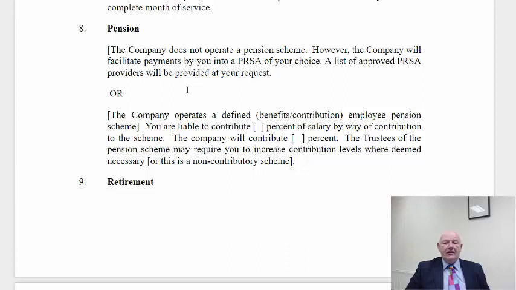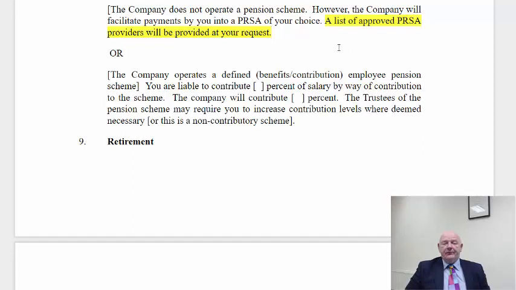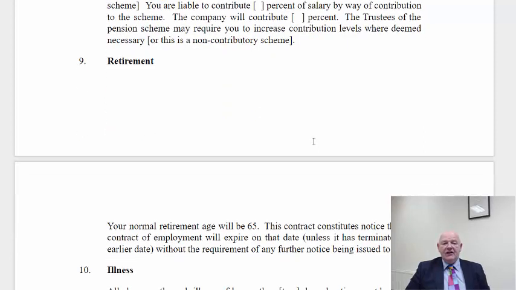So you should allow the employee to facilitate payments into a PRSA of their choice, and you should give them a list of approved providers if they request it. And you can get a list of approved PRSA providers online anywhere. Now, okay, look, if you are an employer who operates a pension, well, then you just stipulate or set out here what the situation is there, what they're entitled to, what payments will be made, etc., etc.